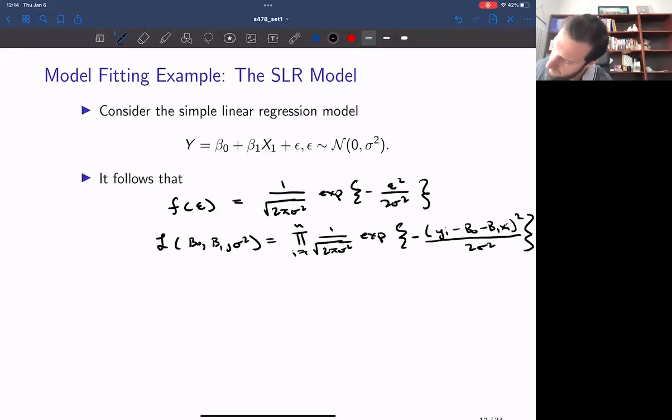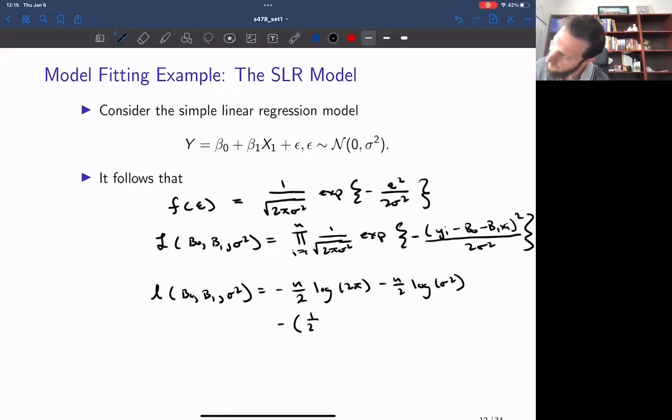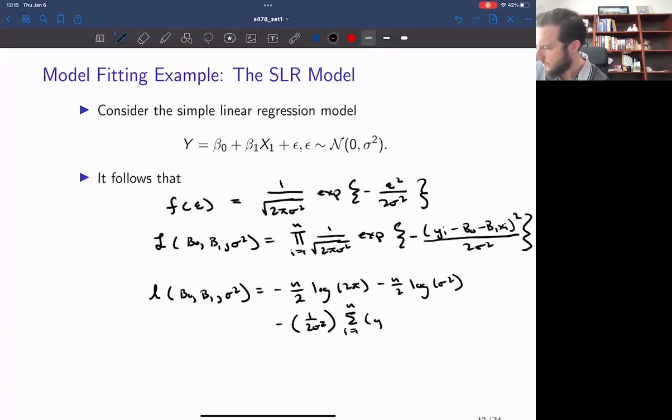And this gives the log likelihood of beta 0, beta 1, sigma squared, which is going to be negative n over 2 log 2 pi minus n over 2 log sigma squared minus 1 over 2 sigma squared times the sum from i equals 1 to n of (yi minus beta 0 minus beta 1 xi) squared.